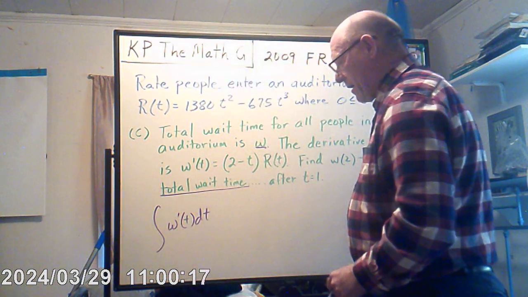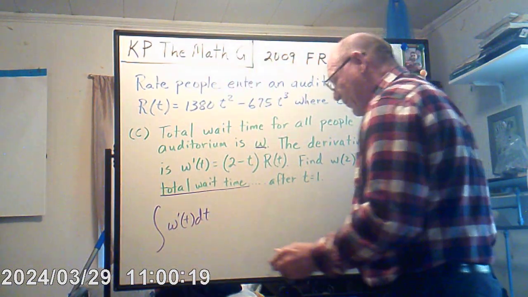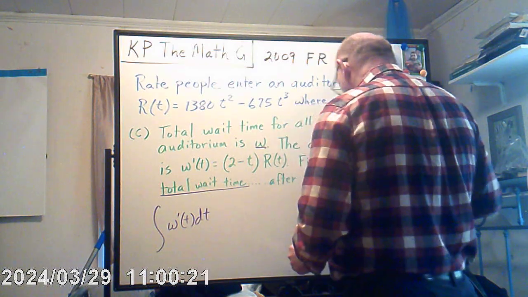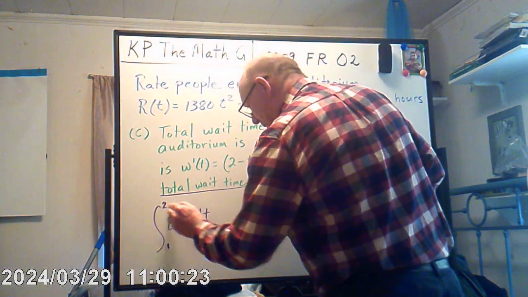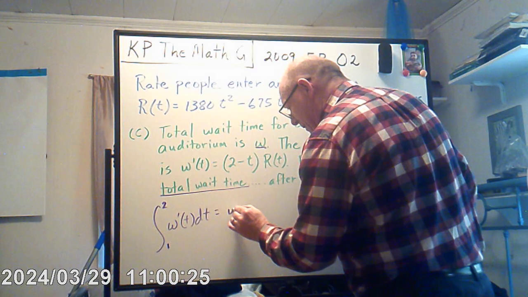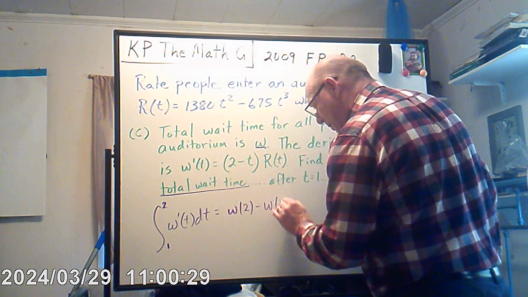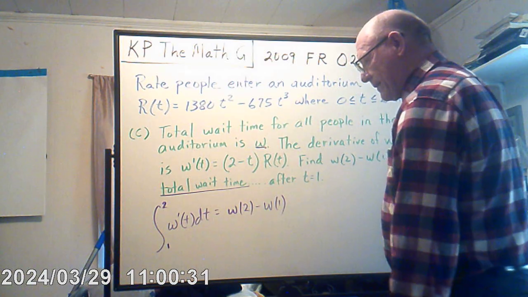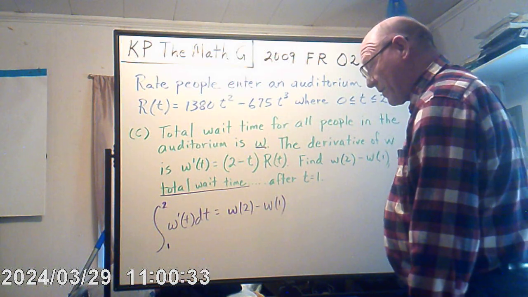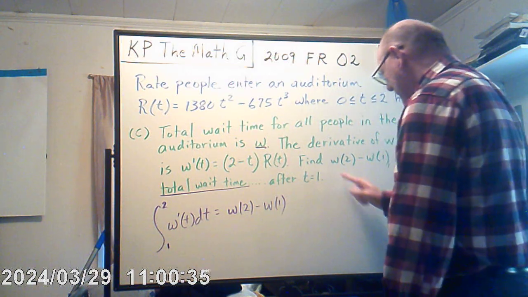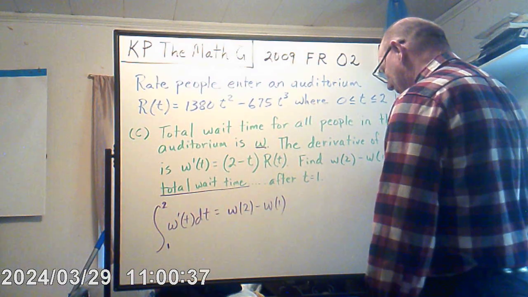Now, if we're going from 1 to 2, then this actually means W at 2 minus W at 1. And that's what that really is. So it does say find this.